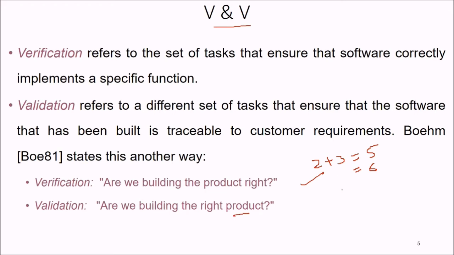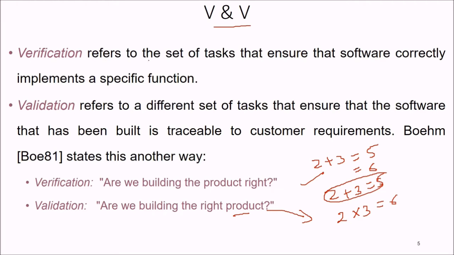That means you have done 2 plus 3, but it may be possible that you have been asked to perform 2 into 3, that is 6. Though you have performed 2 plus 3 equal to 5 correctly, you may not be doing what you should address with respect to the requirements.